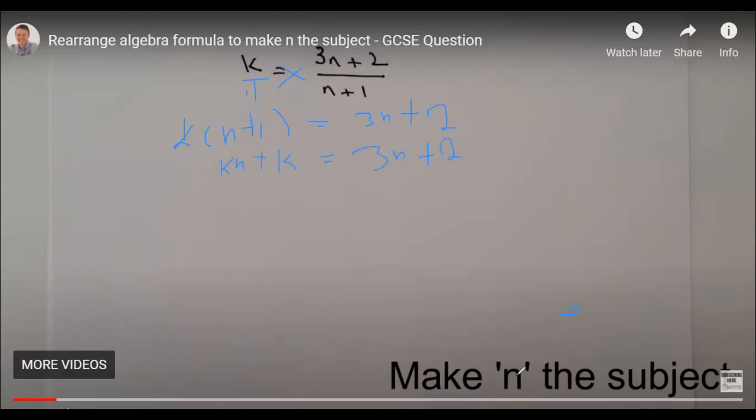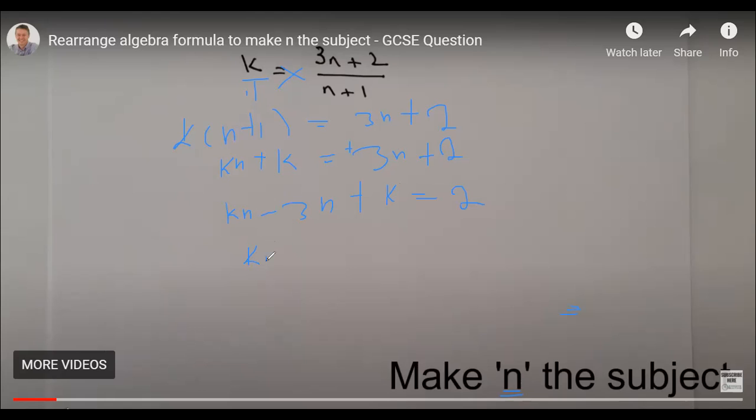Since our interest is to make n the subject of the formula, we are going to bring terms in n together. So we are going to transfer the 3n to the left-hand side. And since it is a positive here, when it crosses the equal sign, it becomes a negative. So we shall have kn minus 3n plus k equal to 2, since we have moved away the 3n.